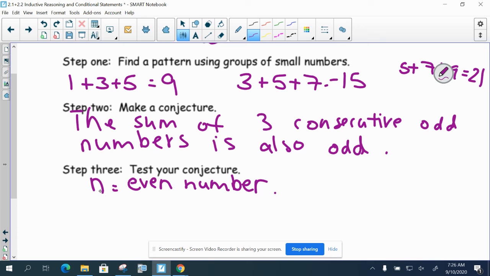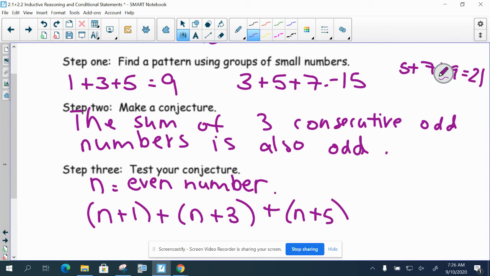If we wanted an odd number, we would have to add 1 to it. So the first odd number is going to be n plus 1. The second odd number would be n plus 3, because n plus 2 would give us another even number. And then our third consecutive odd number, can you guess, would be n plus 5.